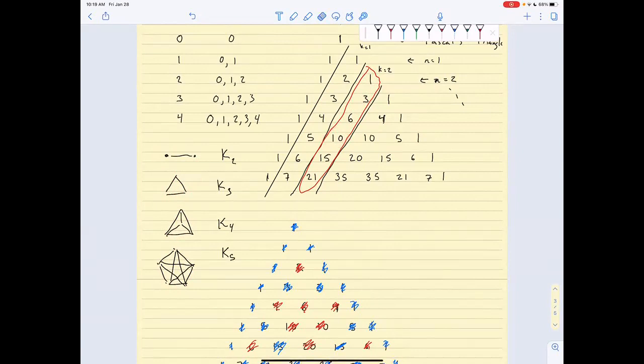So these numbers accomplish counts like this. For k equaling 2, they're also called triangle numbers because they also count the number of dots in a triangle. If you have one triangle, that's height 1. Here's a triangle with 3.